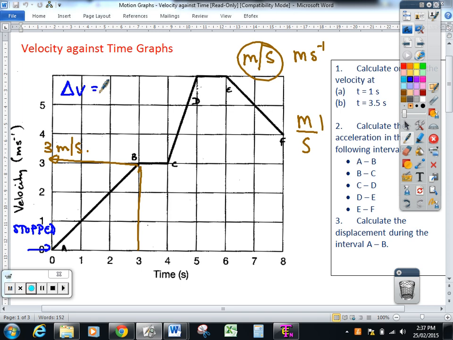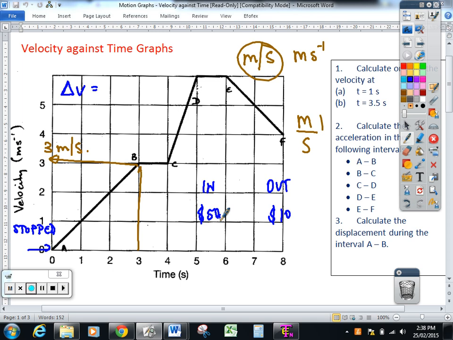And change in velocity, if we use common sense, change must be what you've got now minus what you had before. So if you go to the canteen at lunchtime and you come out of the canteen having $10, but you went into the canteen having $50, big lunch, how much have you spent?